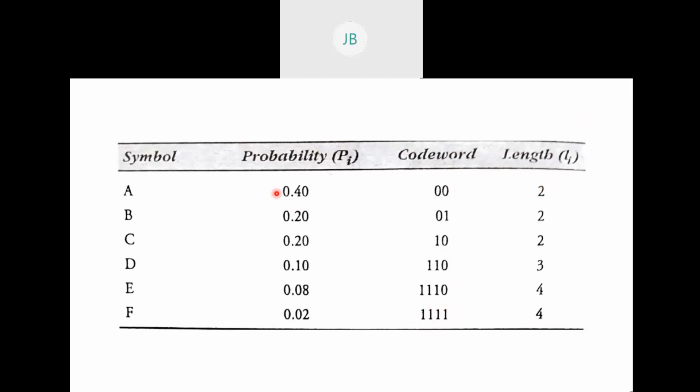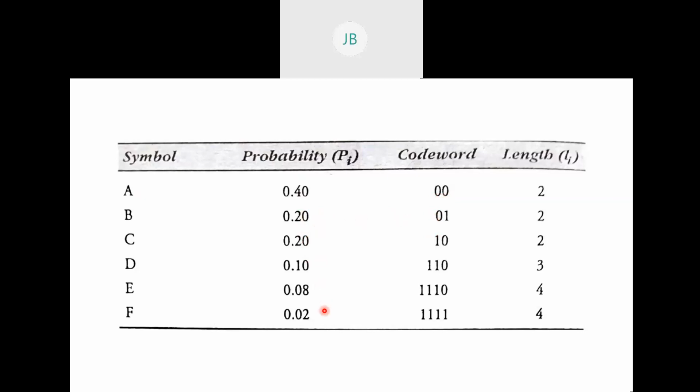So we can also conclude that the probability is high in this case. When you consider all these, this symbol A has the highest probability, so that gets the smallest code word, only 2 bits here. Similarly, these two also have low-sized code words, just 2 bits.